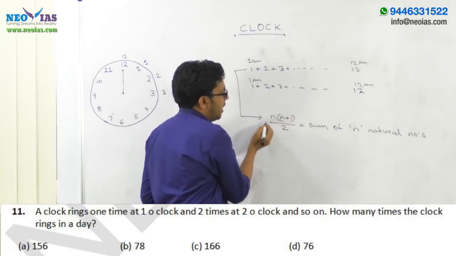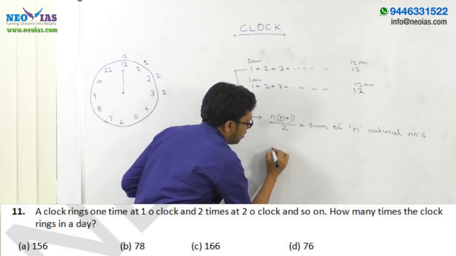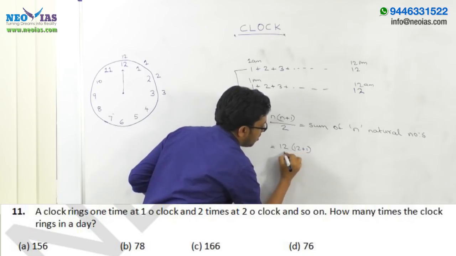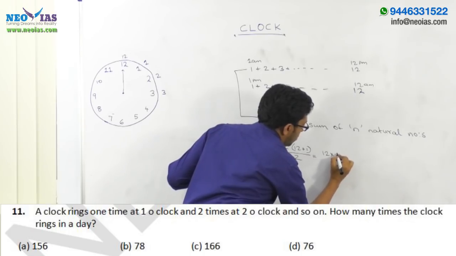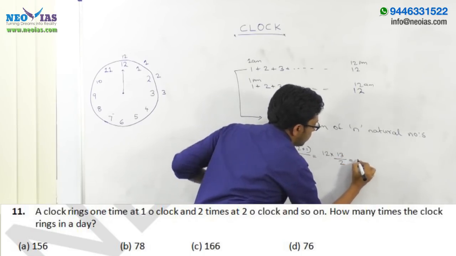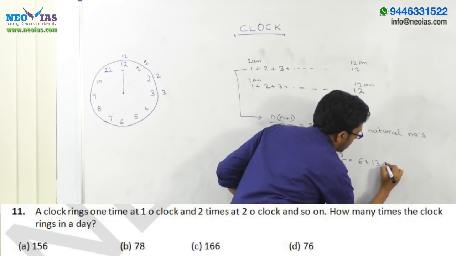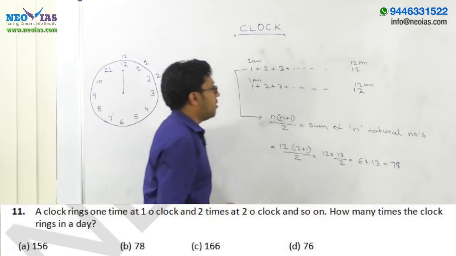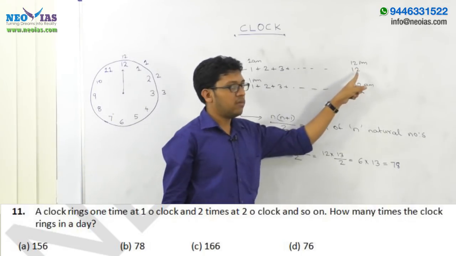Substitute n with 12, we get 12 into 12 plus 1 by 2, is equal to 12 into 13 by 2, is equal to 6 into 13, is equal to 78. This will be the answer for counting from 1 up to 12.